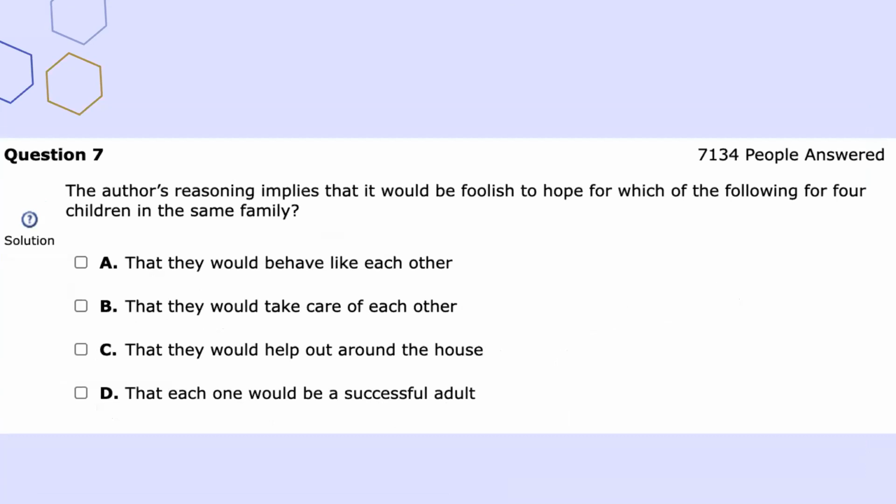A, yeah, so the passage mentioned a lot of differences between the children, so it's unlikely that they would behave like each other. Do you guys have any questions on the general passage, or want me to go back to a question and explain anything again?